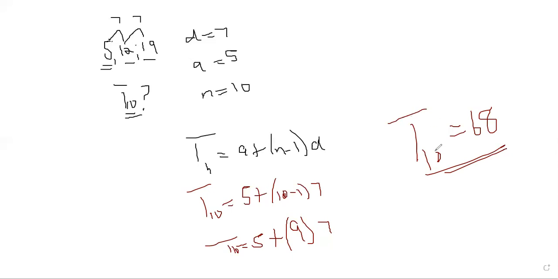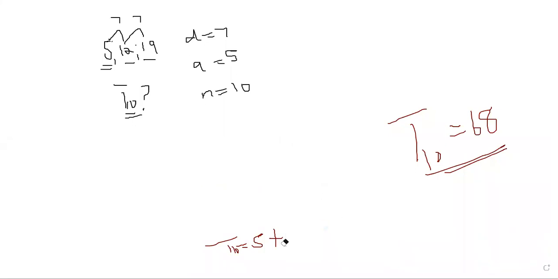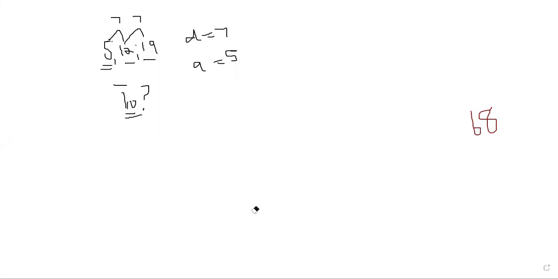And you can reverse the whole thing. Let's assume instead they told you that 68 is the term, and they want you to find which term is equal to 68. So what they are looking for now is n. We don't have n, but they tell you that Tn is 68.